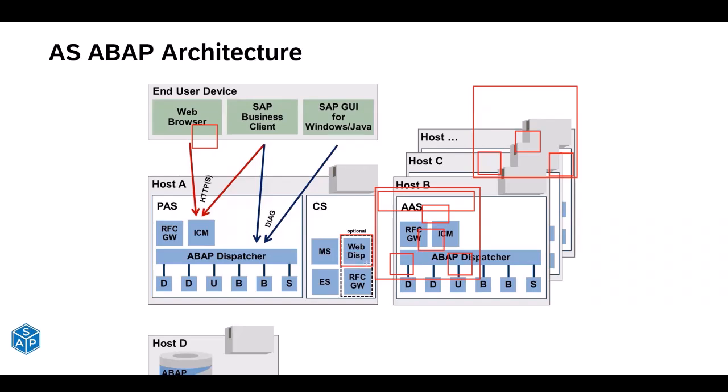They have made it optional because, for example, you have three different systems: a development system, a quality system, and a production system. Is it clear? Now, in case you have multiple application servers for your quality and also for your production, if you go with the embedded option, you have to install a web dispatcher in your quality's ASCS instance, and you also have to install a web dispatcher in your production's ASCS instance.